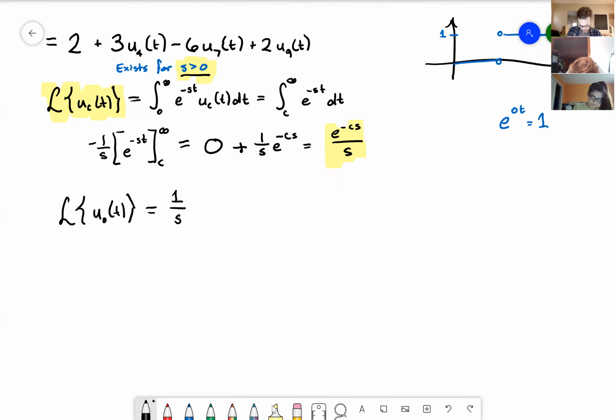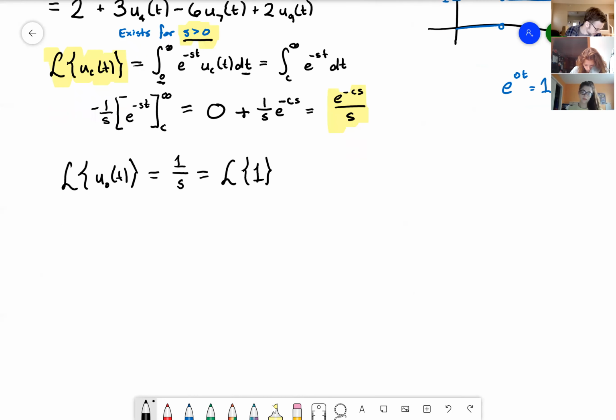And if we're only looking at the situation when t is greater than 0, in this integral, then this is just the same thing as the Laplace transform of 1. And we've previously seen that the Laplace transform of 1 is 1 over s. An interesting thing to note that sits in the bigger context of what we've looked at before.